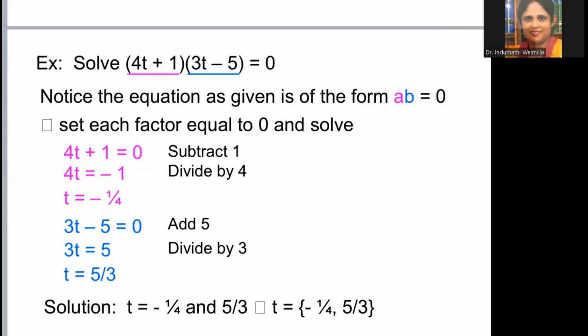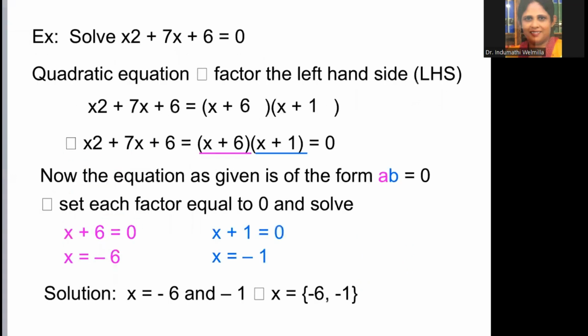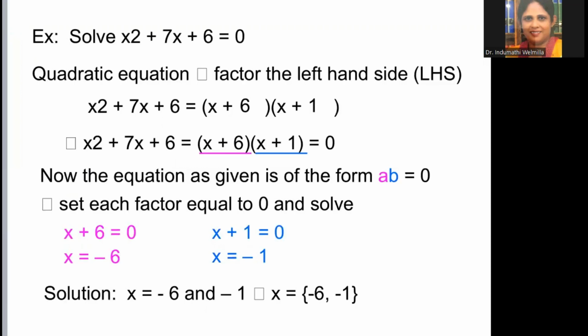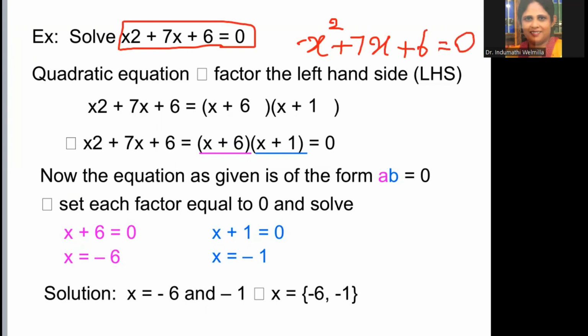This is another example. You can see here this is our given quadratic function, x squared plus 7x plus 6 equal to 0, right?